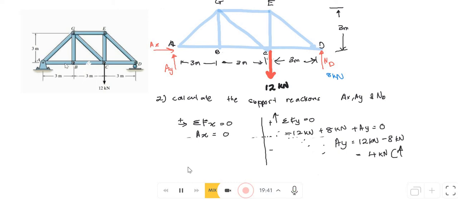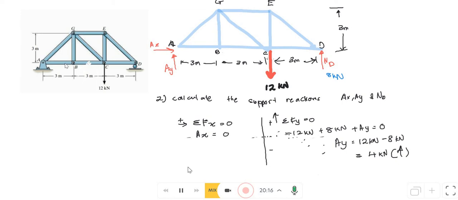Okay, so if you get the AY negative, it means the sense should be reversed. Okay, so we will see throughout this example. Right now, based on this FPD, based on this support reaction, we know that for pin, we can assume that AY upward or AY downward.